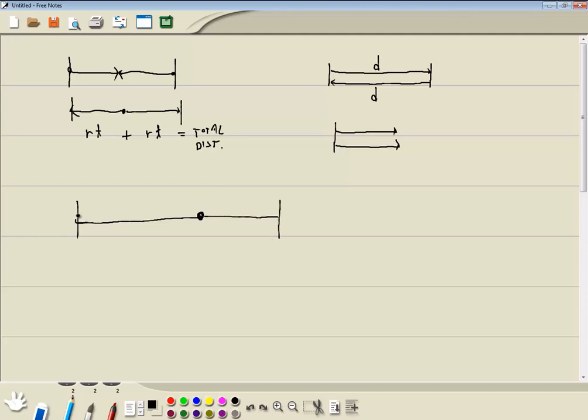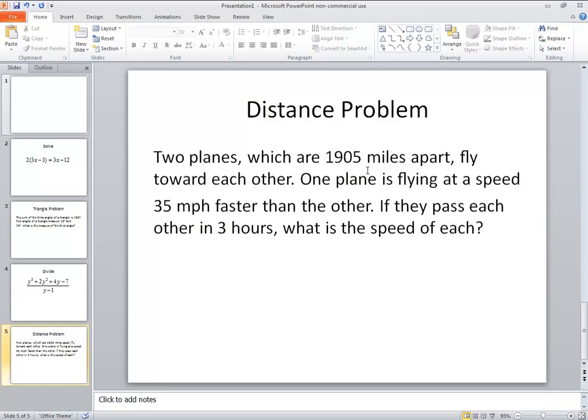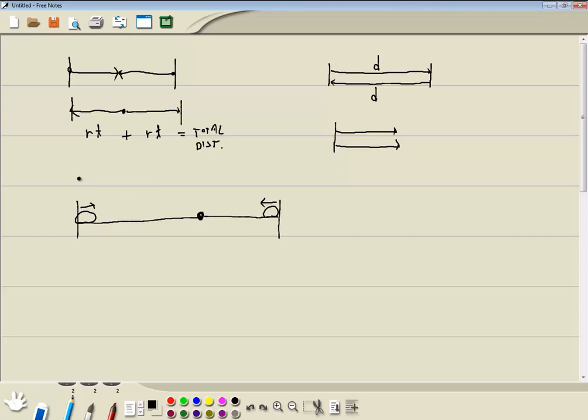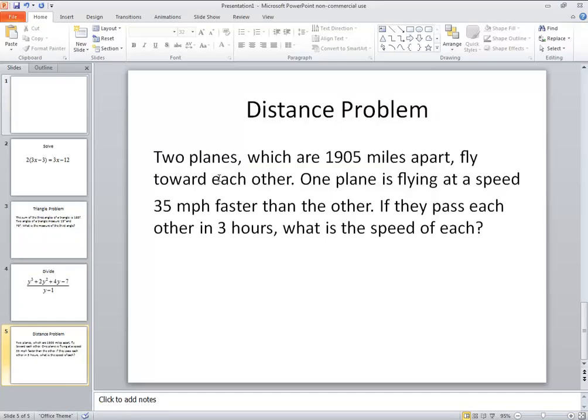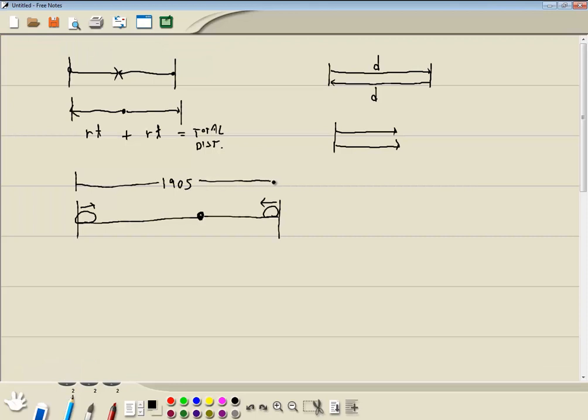So we got one plane here, and it's going this direction. And we got one plane, and it's going this direction. It says they're 1,905 miles apart. So they're telling us the total distance is 1,905. And again, they're working together to achieve that.